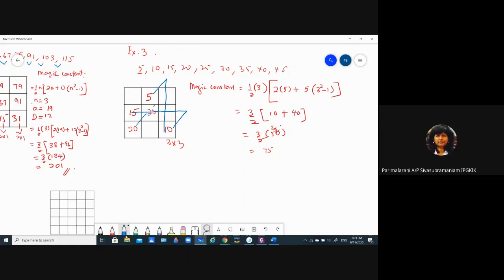Then I'm going to go up and to the right. So the next number is 30. From here, if I go up, it's going outside the box and there's nothing here. So I'm going to put the next number below this number. 35. From 35, I'm going to go up and to the right.